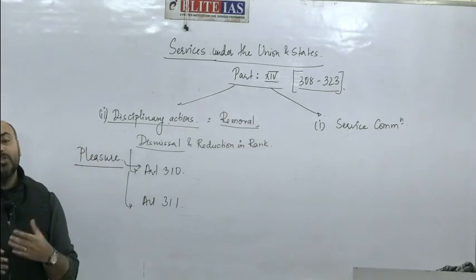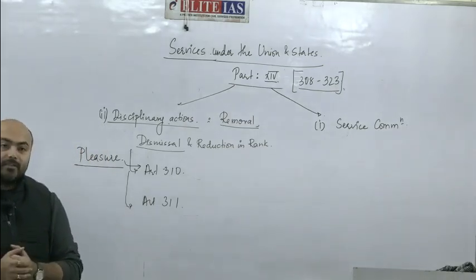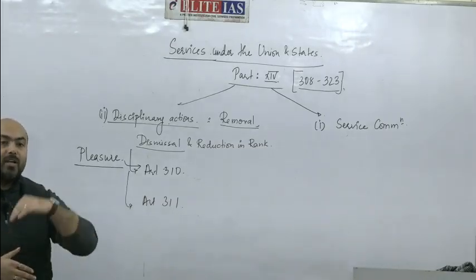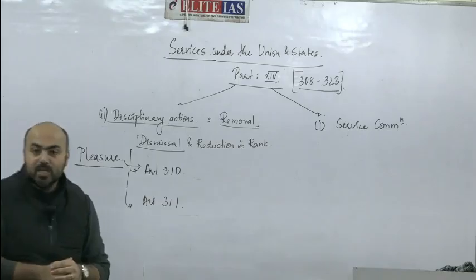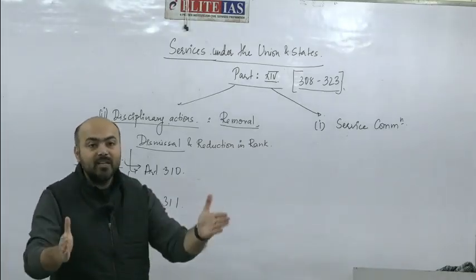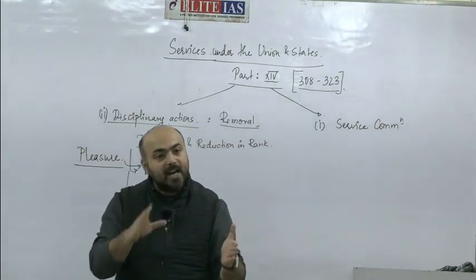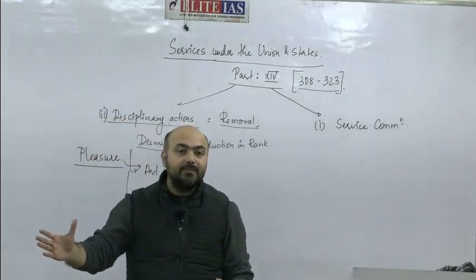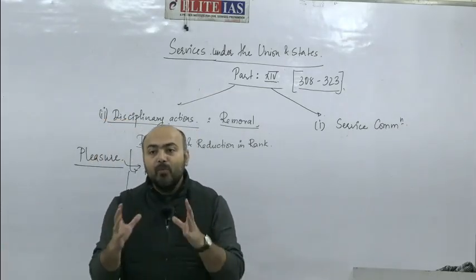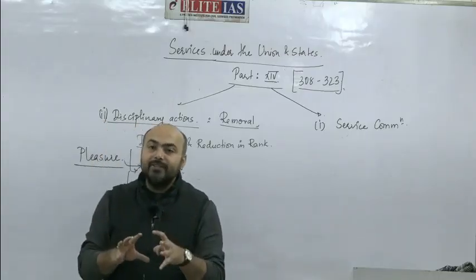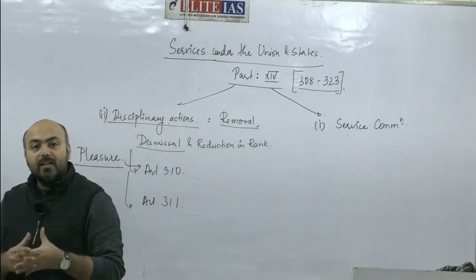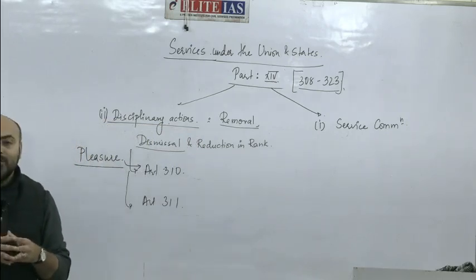There you serve at least 15-20 years, and then it may so happen that you are on central deputation. You are transferred from the state to the center, and after serving a certain time period in the center, you are shifted back to the state. So most of the time in your service, you are working under the directions of the state executive, under the state government. But what is the problem?